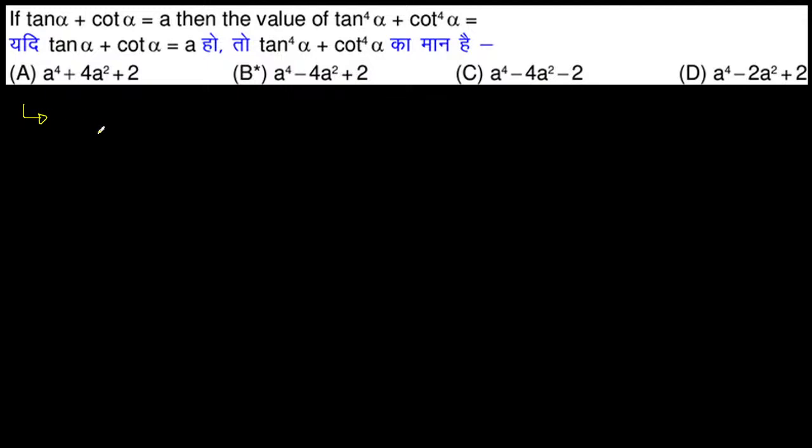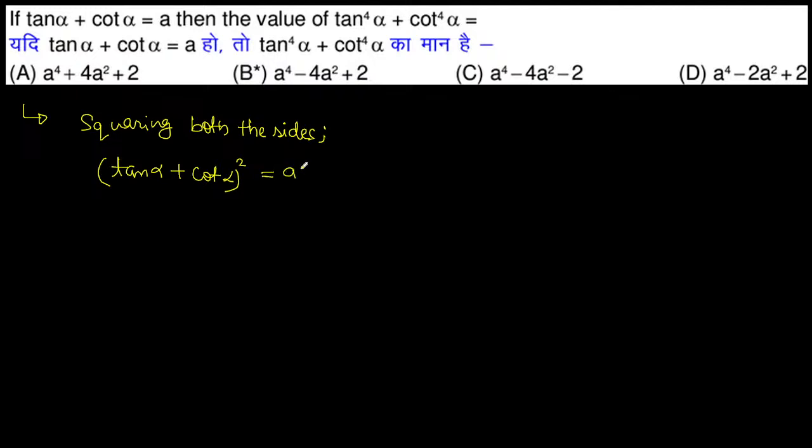Then the value of tan... we'll square both the sides. Squaring both the sides, we have tan alpha plus cot alpha whole square is equal to a square.